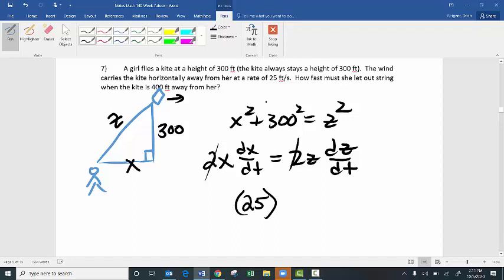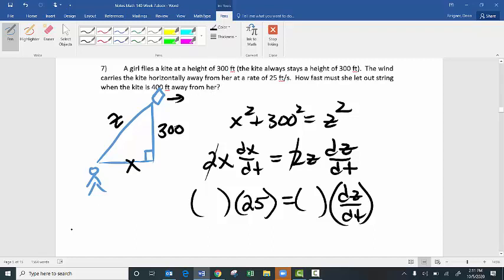It's feet per second. How fast must she let out string? That's dz/dt. That's our variable. That's what we're figuring out. All right, so now we need to know x and z. So now let's see what else they give us. How fast must she let out string when the kite is 400 feet away from her? So that's what x is going to be.